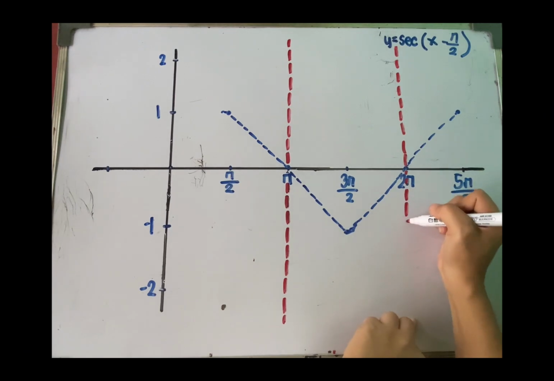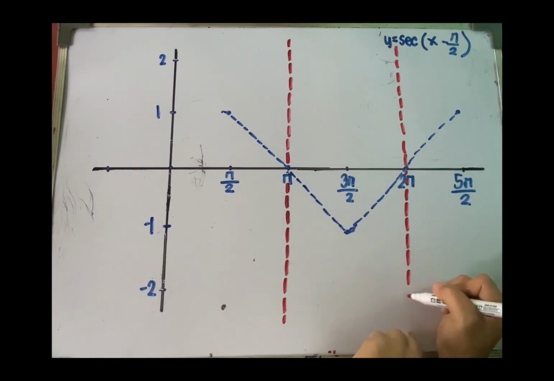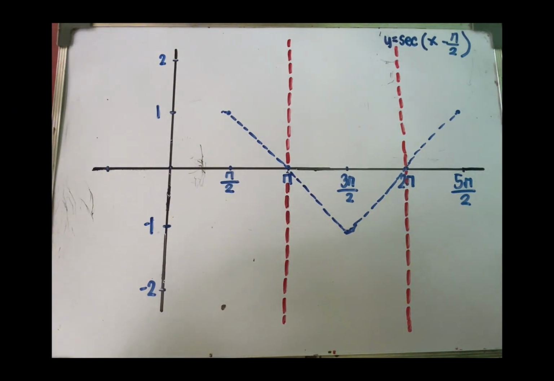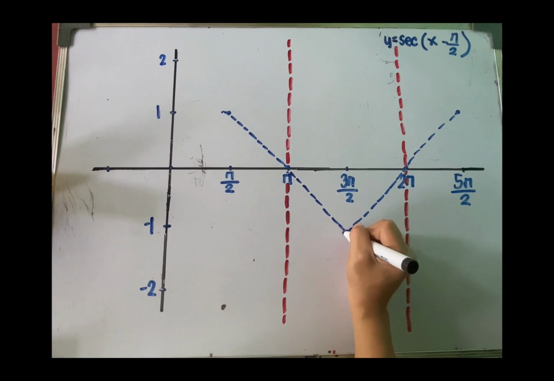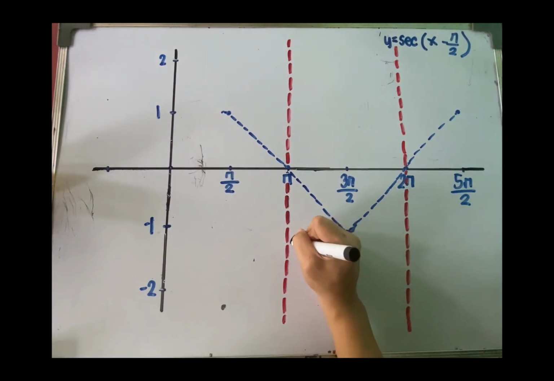After drawing the asymptotes, we can now finally graph the U-shaped branches, every peak and lowest point of the graph.